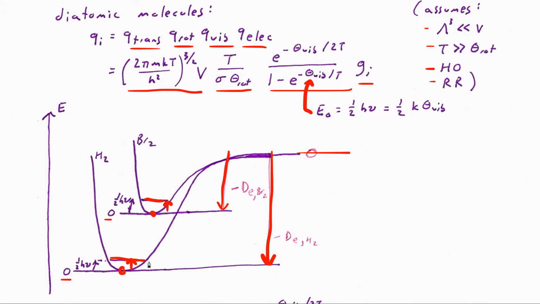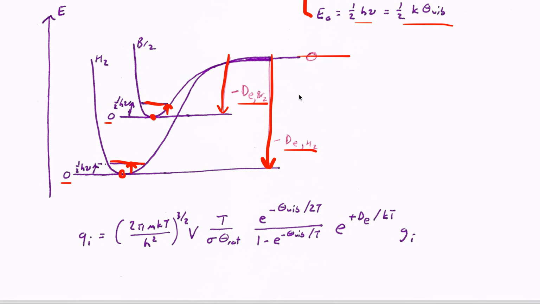So to keep the zero of energy consistent, we have to add these dissociation energies, these bond energies, into our expression for the partition function, where before we just had 1/2 h nu or 1/2 k theta that showed up in the partition functions. Now we need to include 1/2 h nu or 1/2 k theta and also an e to the minus negative of the negative of D sub e over kT.